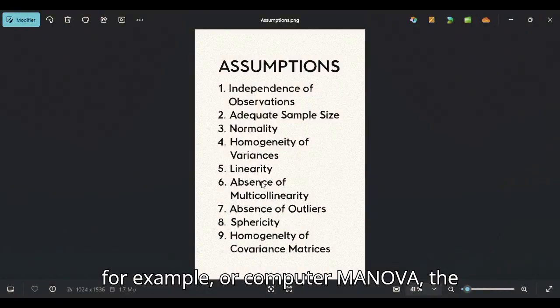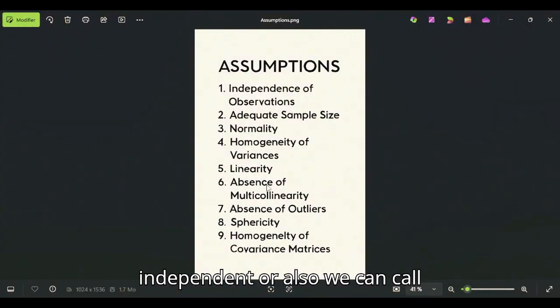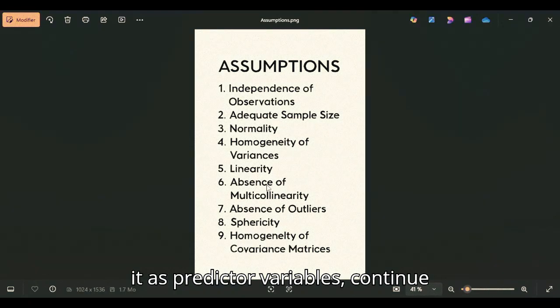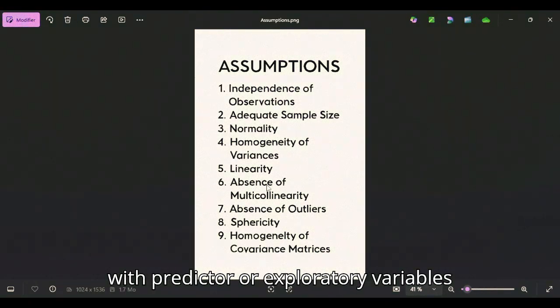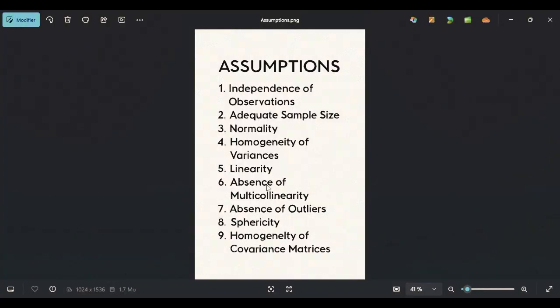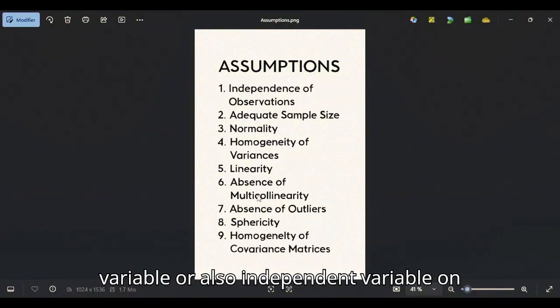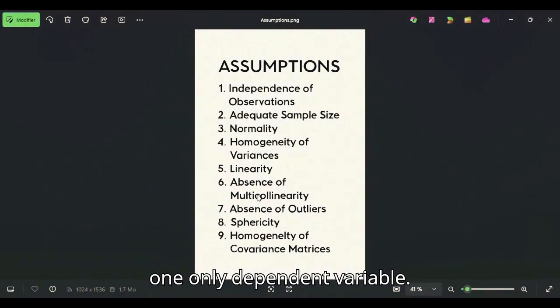The independent variables, which we can also call continuous predictor or explanatory variables, should not be too highly correlated with each other.